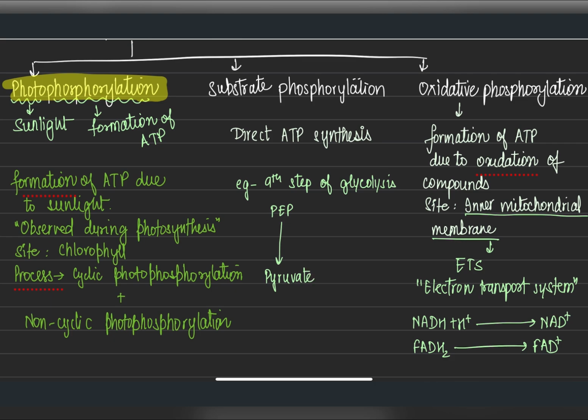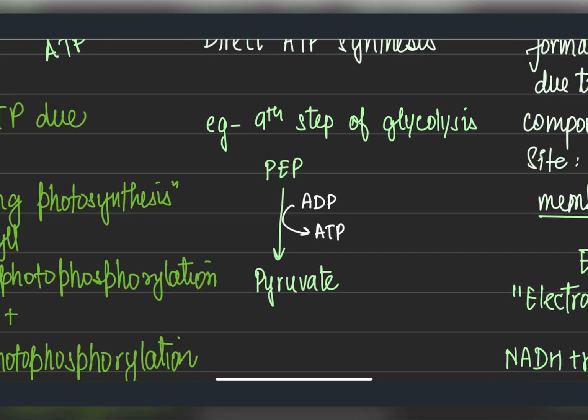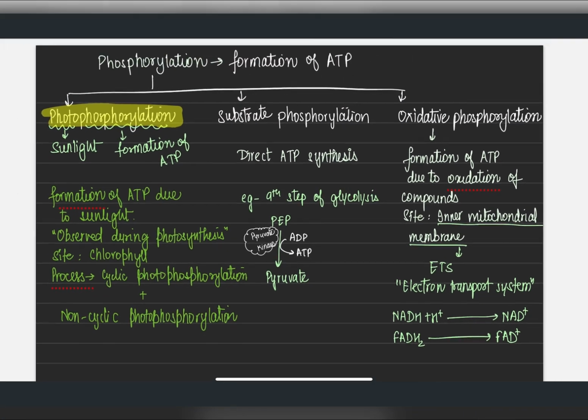Okay, and यहाँ पर ही ADP is converted into ATP, and the name of enzyme which is required in here is known as pyruvate kinase. So this is about phosphorylation.